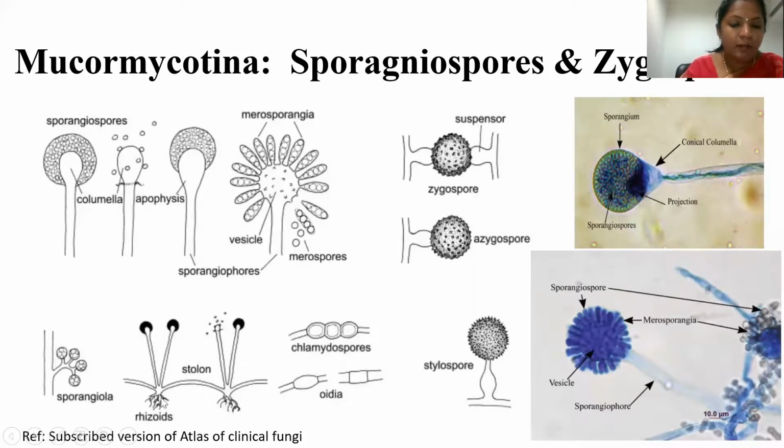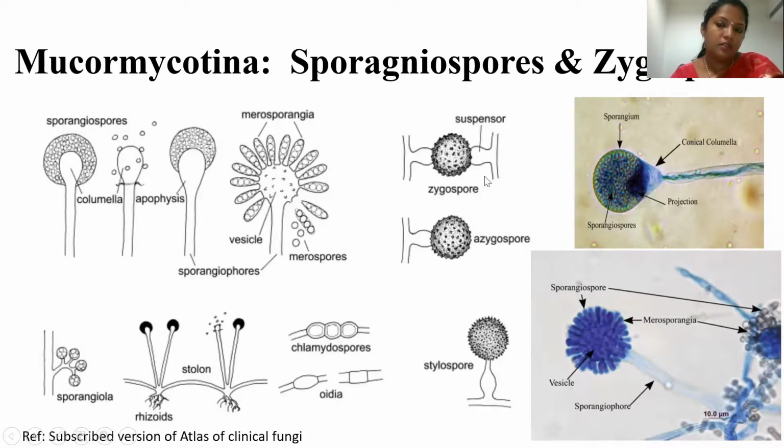There will be rhizoids just below, or in between, the two stolons. There are also merosporangia, which are produced in Syncephalastrum species. Merosporangia means the sporangiospores are arranged in a row. Here you can see these are merosporangia. Here this is a sporangium, and this is the columella.